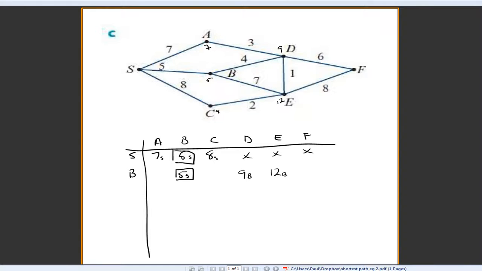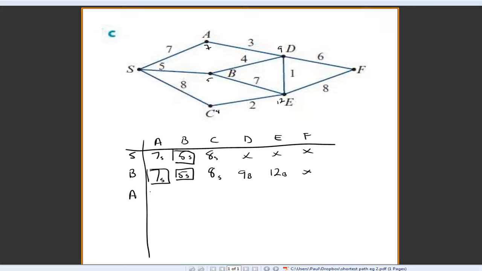Alright, because we can't get to A and C, we simply rewrite those values, 7 from the start and 8 from the start. We can't get to F directly, so that's crossed. We look through all of the remaining edges and see which one is the smallest one, and it's this one here, so box it.